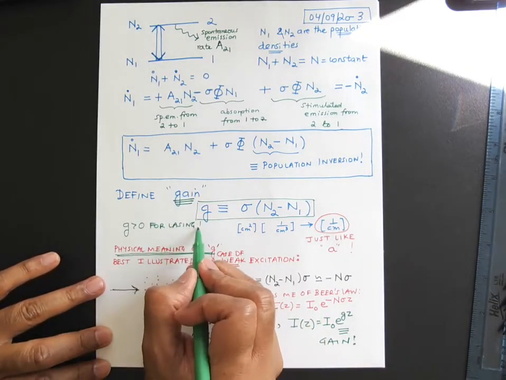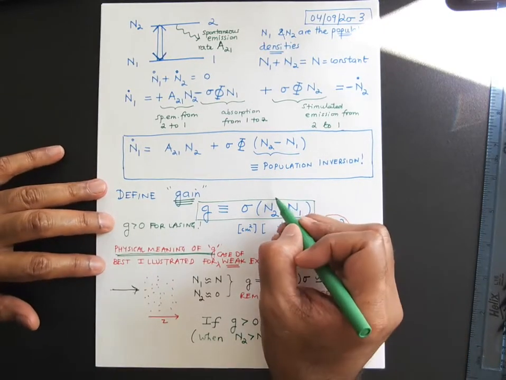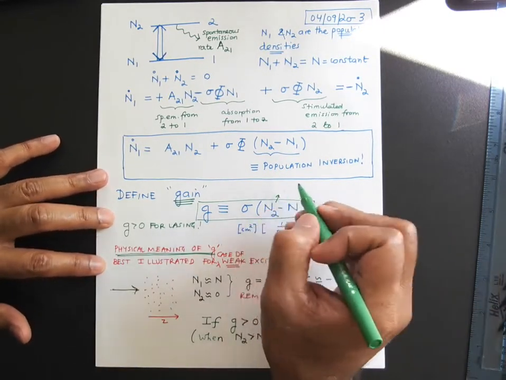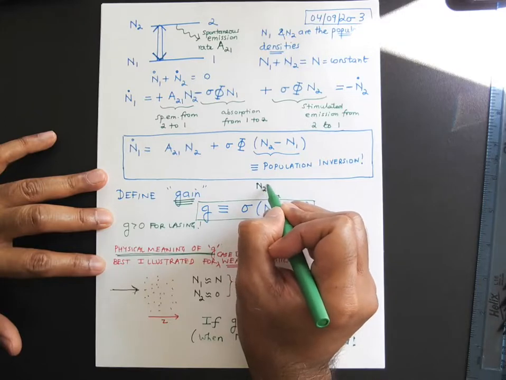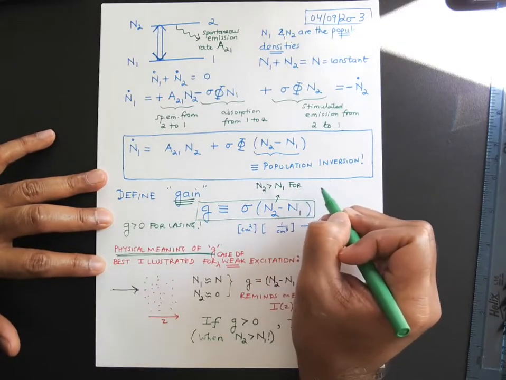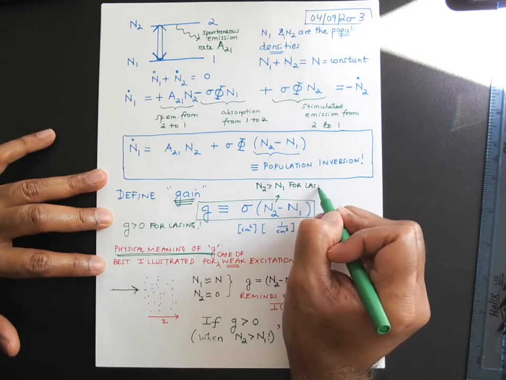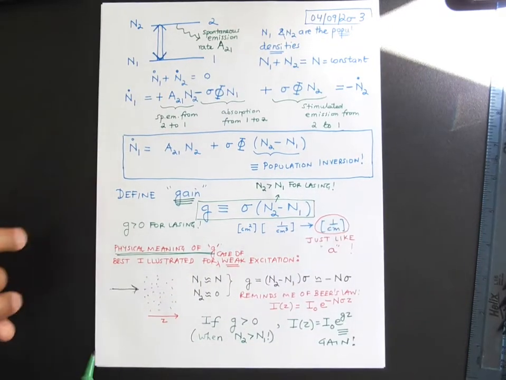Okay, so actually we've arrived at a condition that you need a population inversion. N2 must be greater than N1 for lasing. Okay, so that's an important thing.